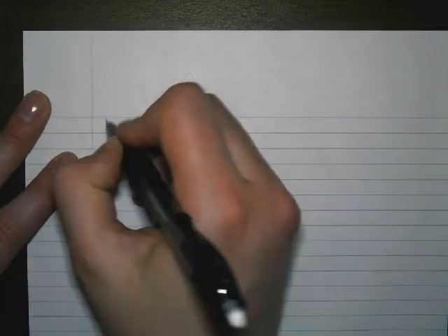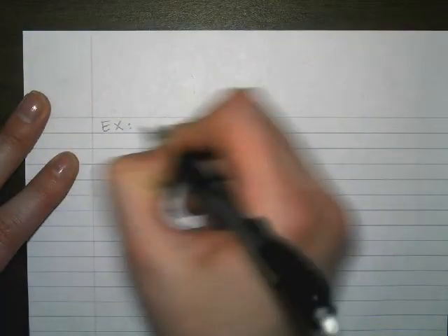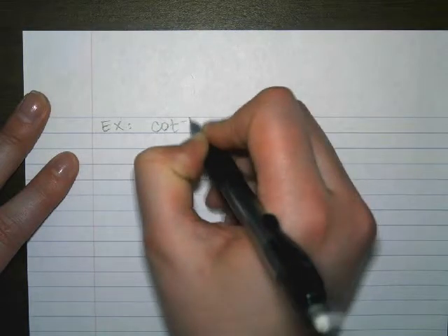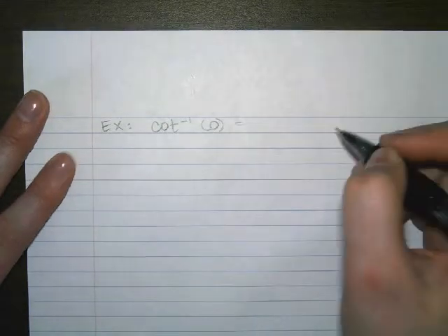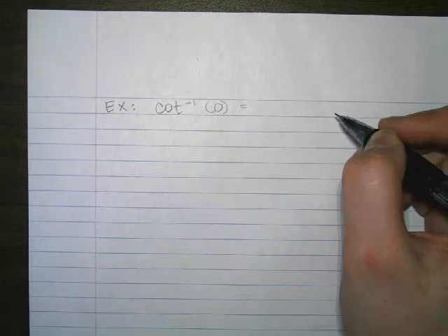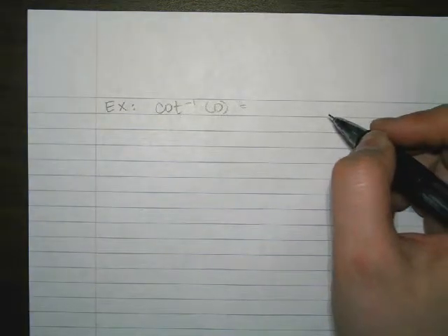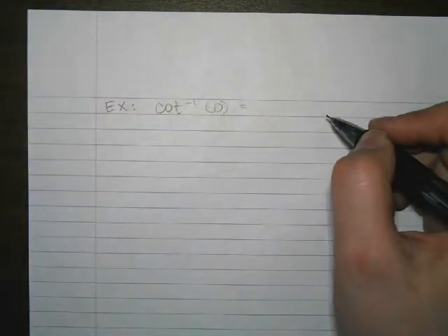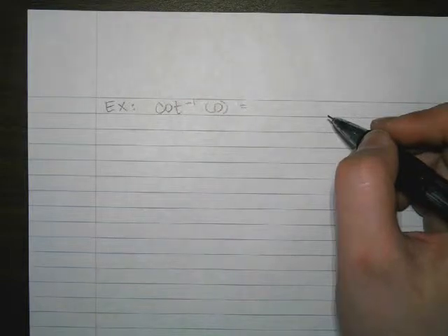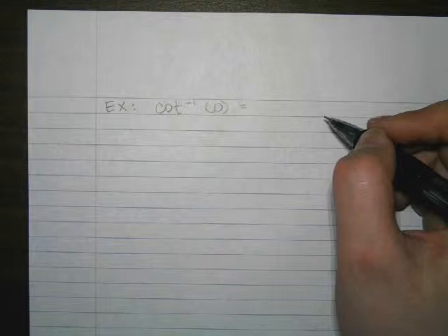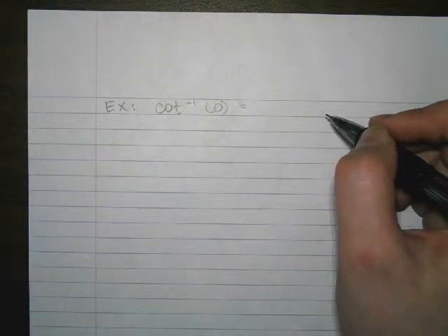All right, let's try another one. Cotangent inverse of 0. Now this one, if you want to just leave it as cotangent, in my opinion, cotangent and tangent are about the same because it's just x divided by y instead of y divided by x.